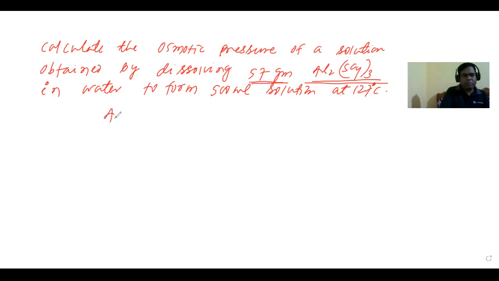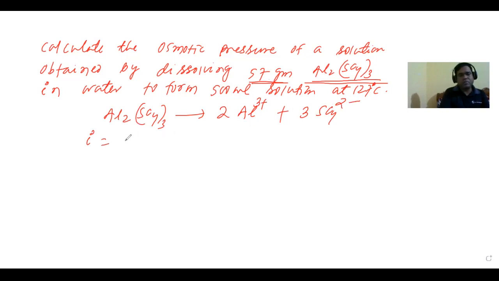Al2(SO4)3, if it dissociates in water, then it is converted to 2Al3+ plus 3SO4 2-. So one molecule of Al2(SO4)3 is converted to 5 ions: 2Al3+ ions and 3SO4 2- ions. So i factor equal to 5.